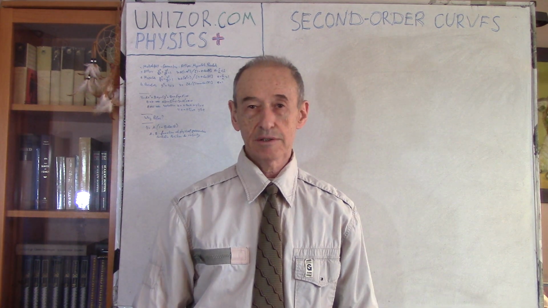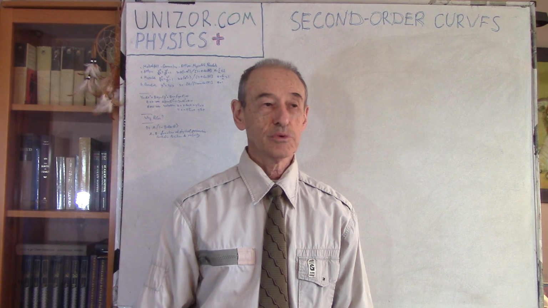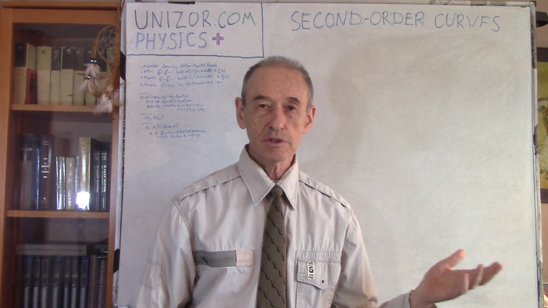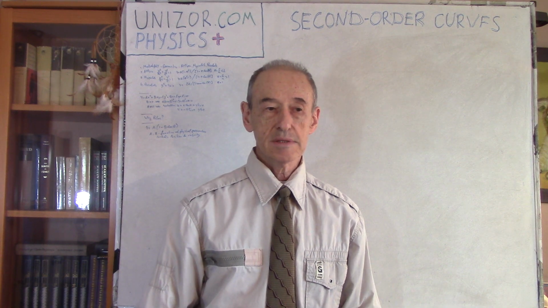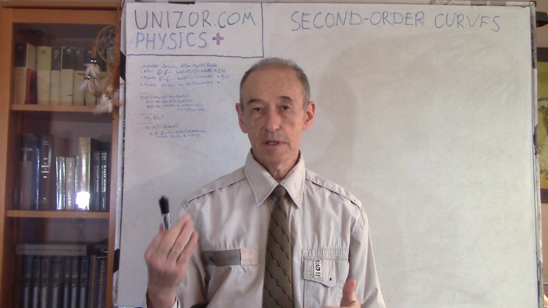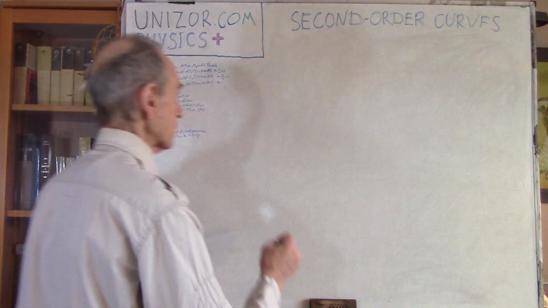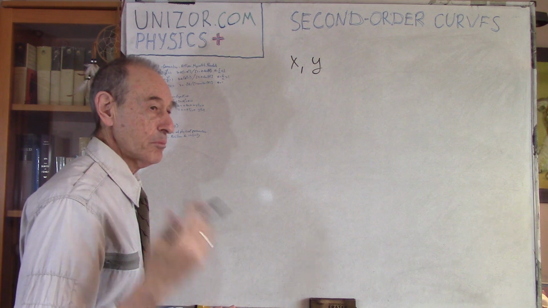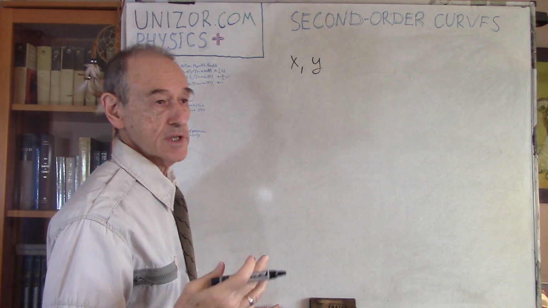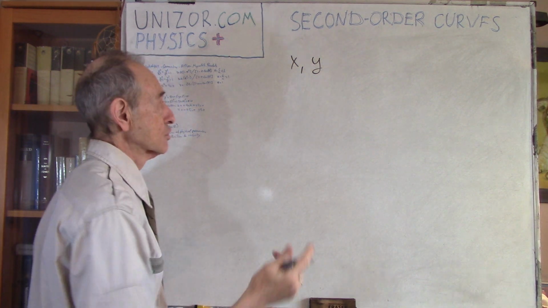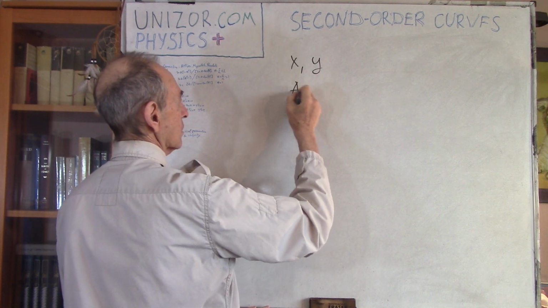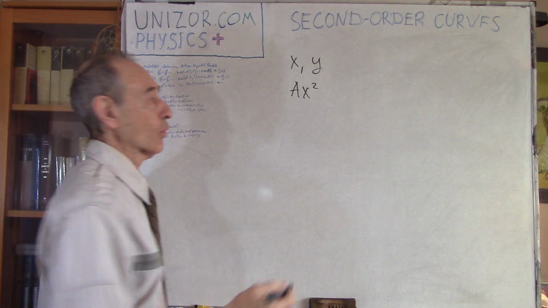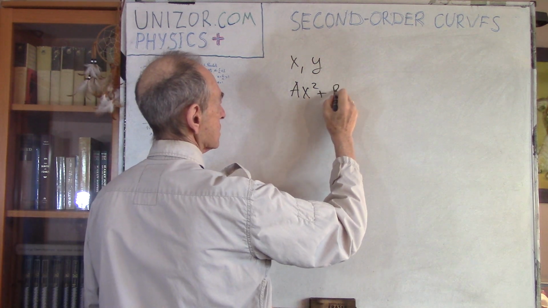So what is a second order curve? Well, a second order curve is defined in Cartesian coordinates as the curve described by an equation where x and y participate, and the combined power of these two variables is 2. So the general form of the equation of the second order of two variables is this one.